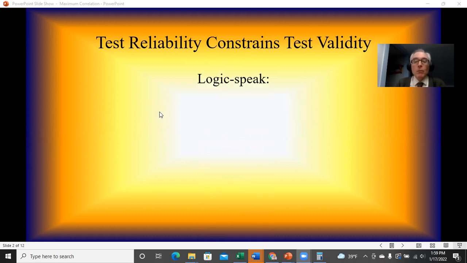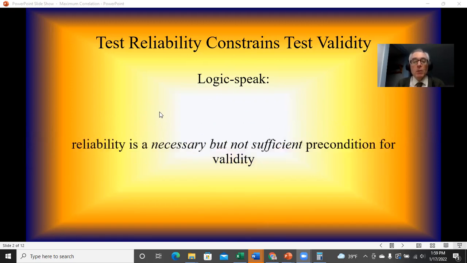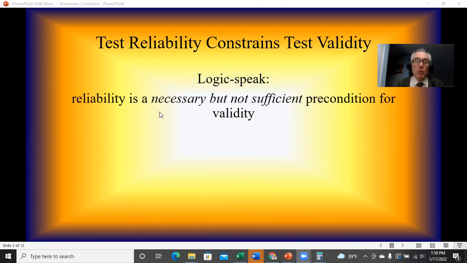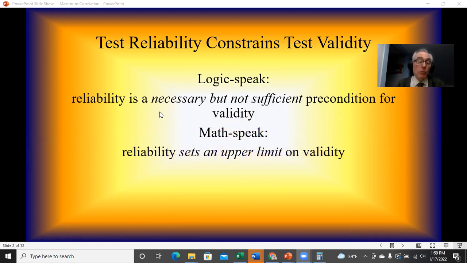Now, again, there are different ways of putting this. If we want to use logical language, categorical logic, we would say that reliability is a necessary but not sufficient precondition for validity. If we wanted to put it in more mathematical sounding terms, we would say that reliability sets an upper limit, or an upper bound, on validity.